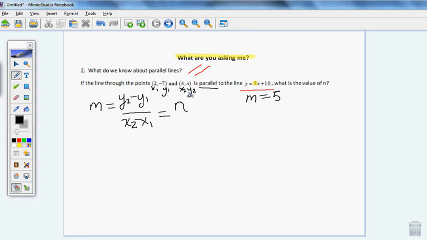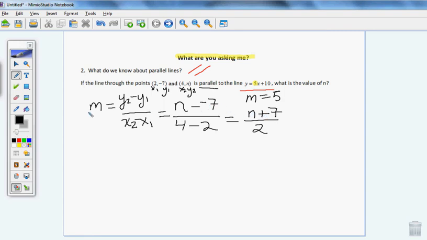The y2 is actually n minus a -7, all over x2 minus x1. So that becomes 4 minus 2. If I simplify this, I'm going to get very clearly 2 in the denominator, but the numerator, unfortunately, I can't go any further than n plus 7. Minus negative is n plus 7.